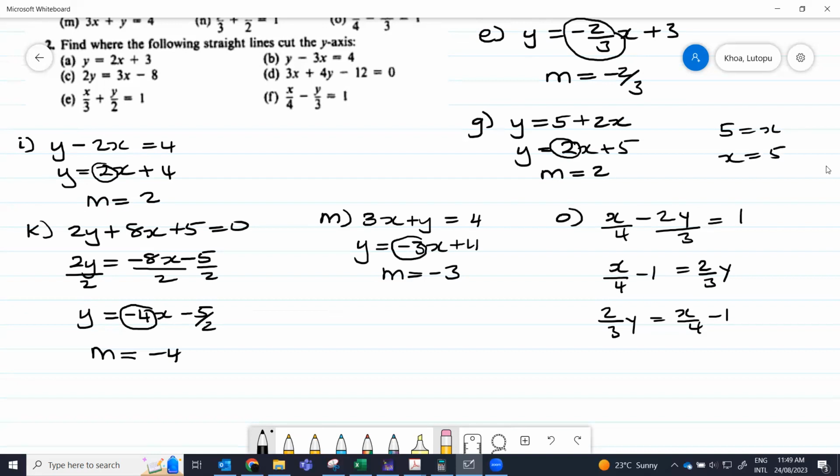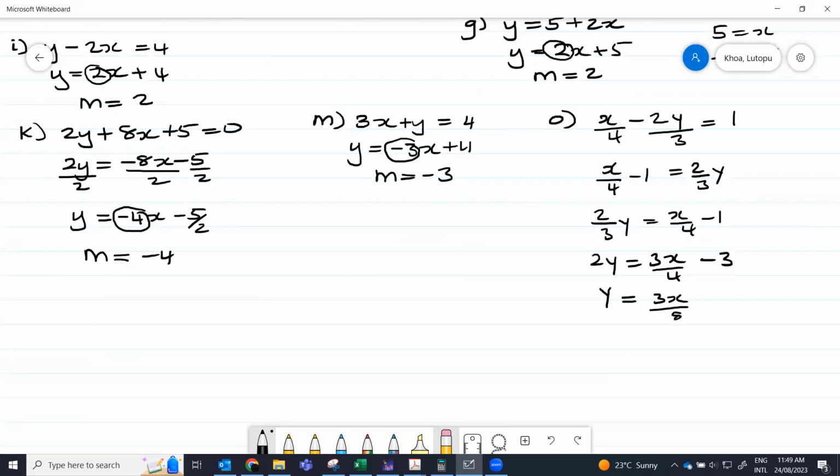X didn't go over to the other side. All right, then we multiply everything by 3. So 2y is 3x over 4 minus 3. Divide everything by 2. So y is equal to 3x over 8 minus 3 over 2. So this number here in front of the x, that is our gradient.